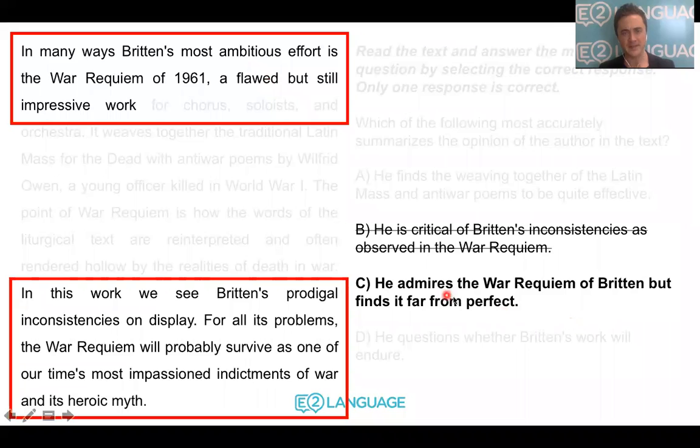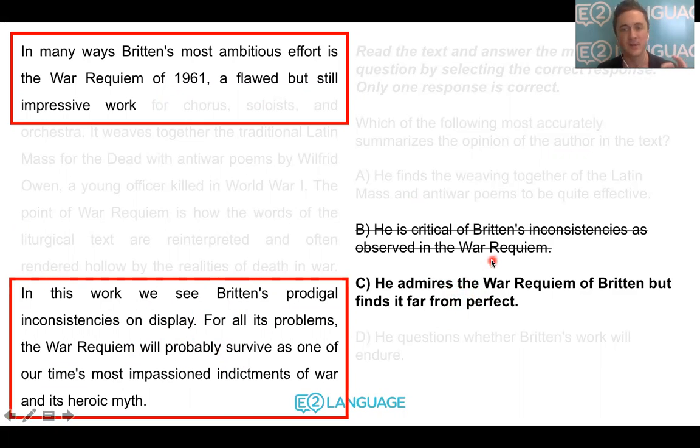Cool. The answer is he admires the war requiem of Britain but finds it far from perfect. We can see this in two very important sentences. The first sentence says, in many ways, Britain's most ambitious effort is the war requiem of 1961. It's flawed, but it's still impressive. He admires it, but it's far from perfect. And again, there's a sentence here that also reflects this statement.